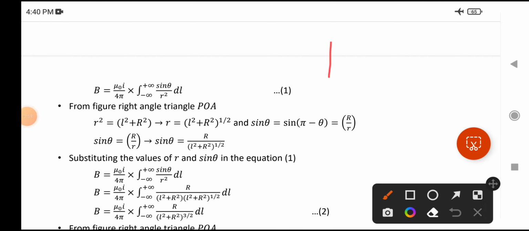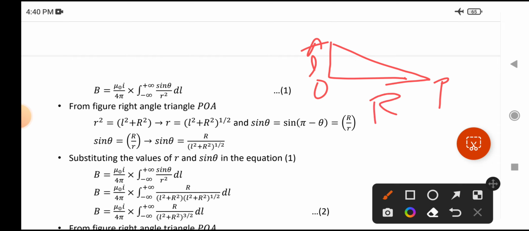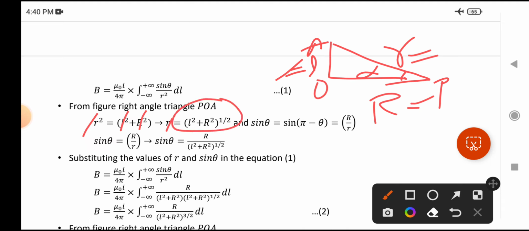Let me draw the triangle POA. It has point P, foot A, this length is L, this is capital R, this is small r. From the diagram, the angle alpha is also given. According to Pythagoras, hypotenuse square is equal to side square plus side square, so r is equal to the square root of L square plus R square.